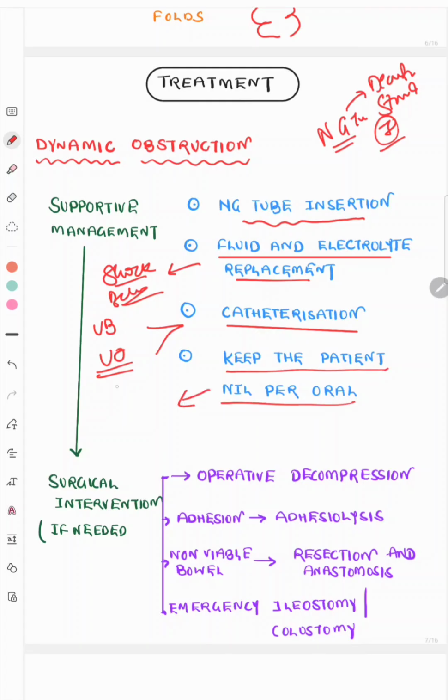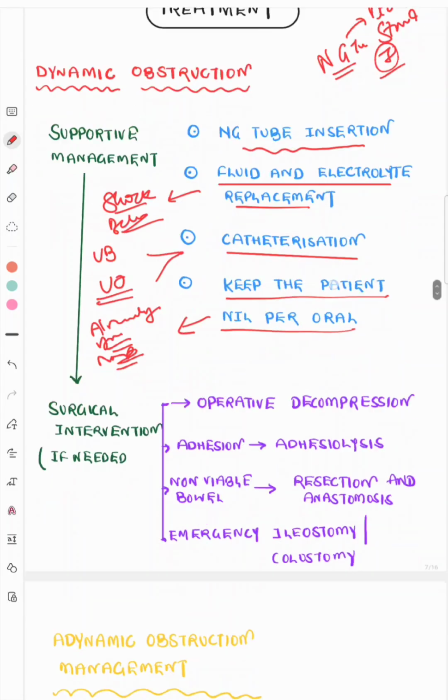Why nil per oral? Because the bowel is already dilated, there is no peristalsis, so we will keep the patient nil per oral. Here is the management with the explanation and reason behind it.